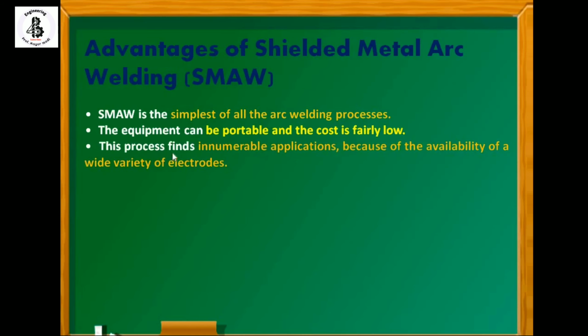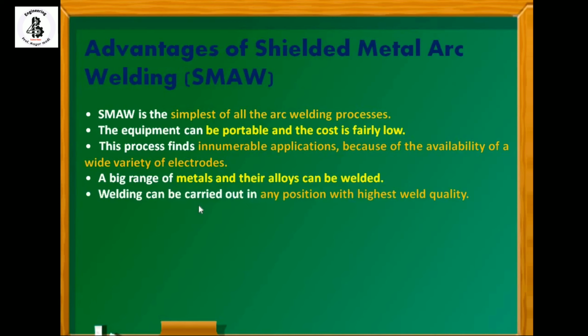This process finds innumerable applications because of the availability of a wide variety of electrodes, which will be selected according to our workpiece materials. A big range of metals and their alloys can be welded, so there is no limitation with respect to metals and alloys for SMAW welding.